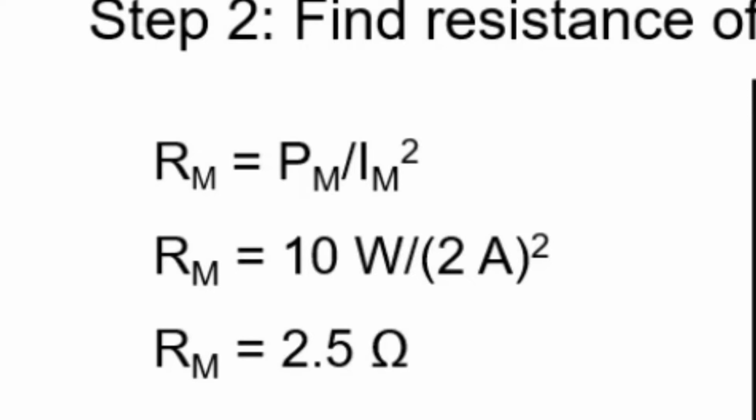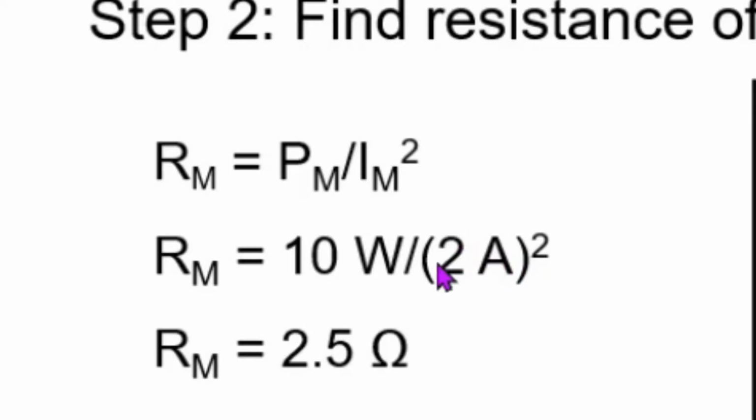It's watts per amp squared, which is actually an ohm. It's weird. Yeah, a watt per amp squared is an ohm. But in this case, I'm going to get 5 ohms. But that's wrong. We're supposed to get 2.5 ohms. Do you see how the brackets are important? Because that squared applies to the 2 as well as the unit.